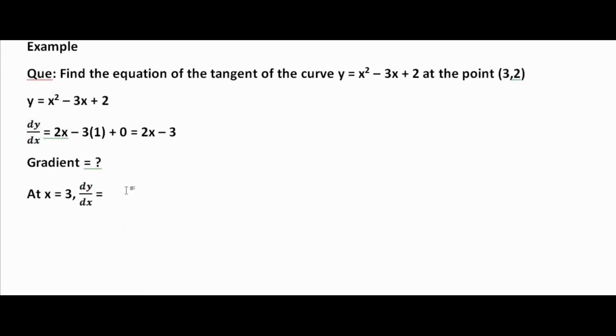It is 2 into x minus 3, replace the x as 3. So we get 2 into 3 minus 3. What is the answer? Which is equal to 6 minus 3, that is 3. So we get the gradient of the tangent is 3.